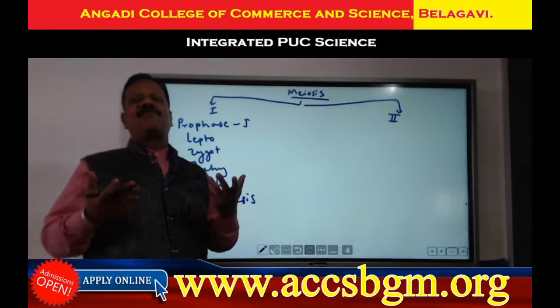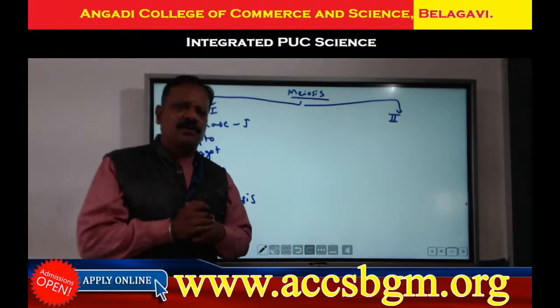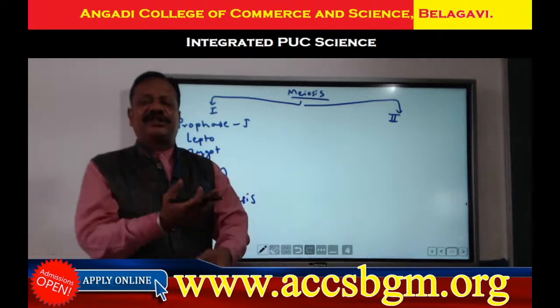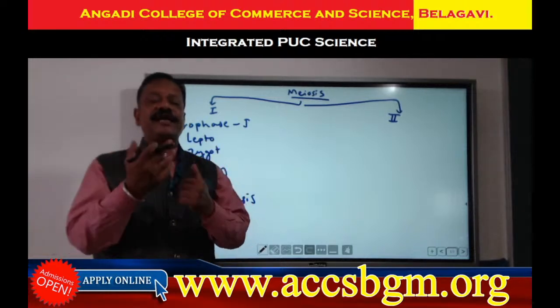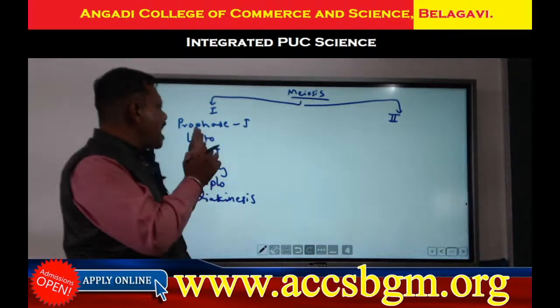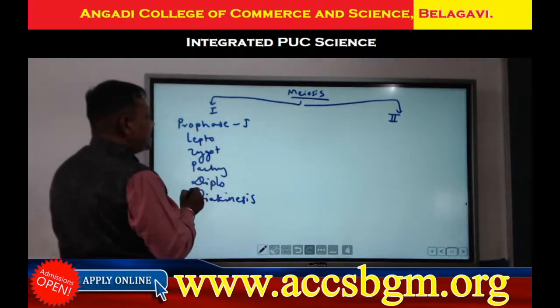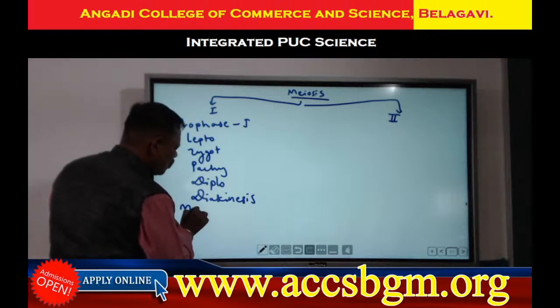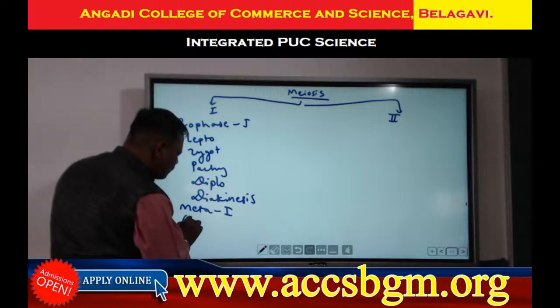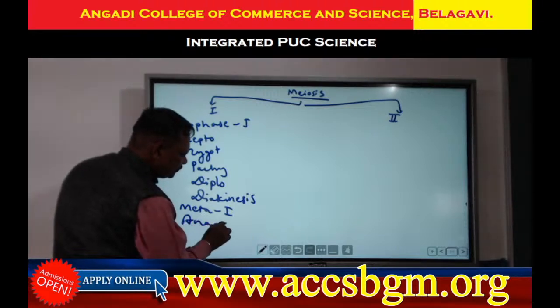Here pairing of homologous chromosomes, shortening of chromosomes, chiasma formation, crossing over, exchange of genetic bits, gene exchange, everything is taking place. And after this, it enters into metaphase 1, then anaphase 1, finally telophase 1.